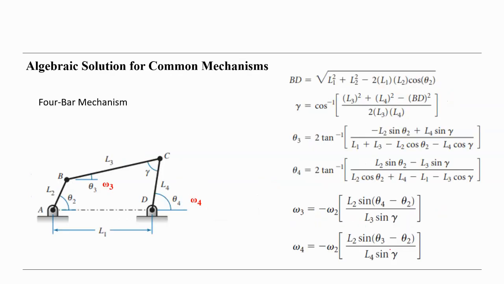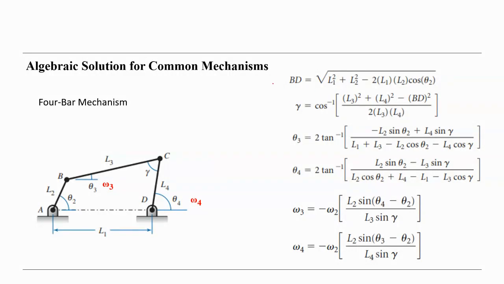Okay, in case of a general 4-bar mechanism, like the crank rocker mechanism, you see here the geometric dimensions are given.